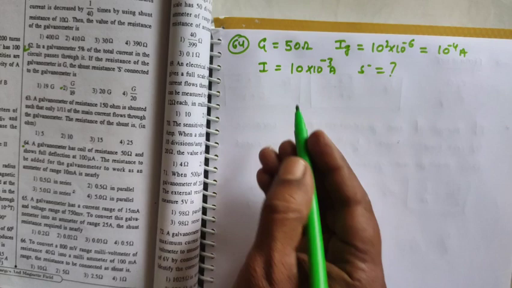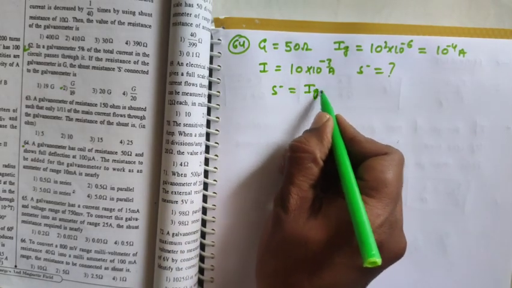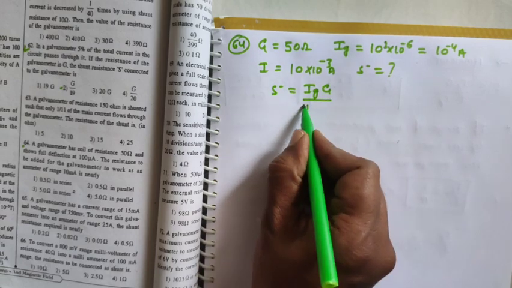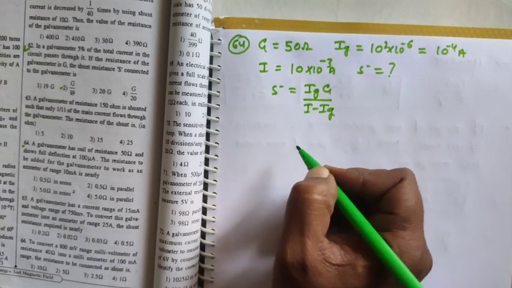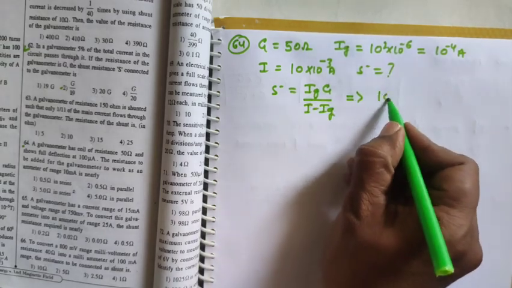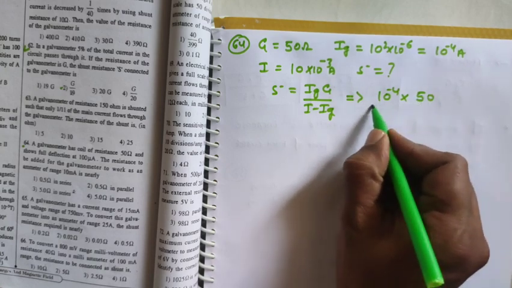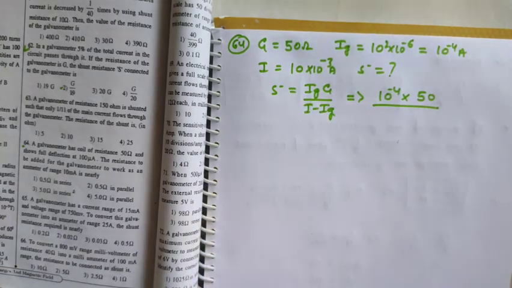Now we'll look at the formula here. The same formula I will use here. S is equal to Ig into G divided by I minus Ig, right? Ig value is how much? 10 to the power of minus 4. G value is 50. I value is how much?